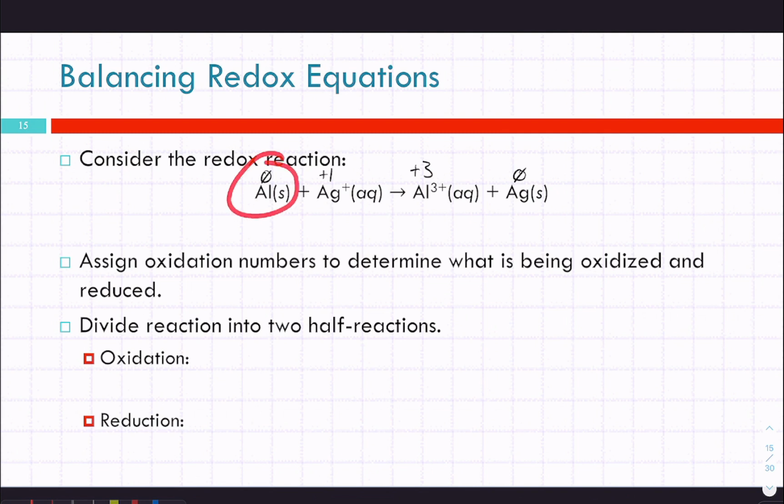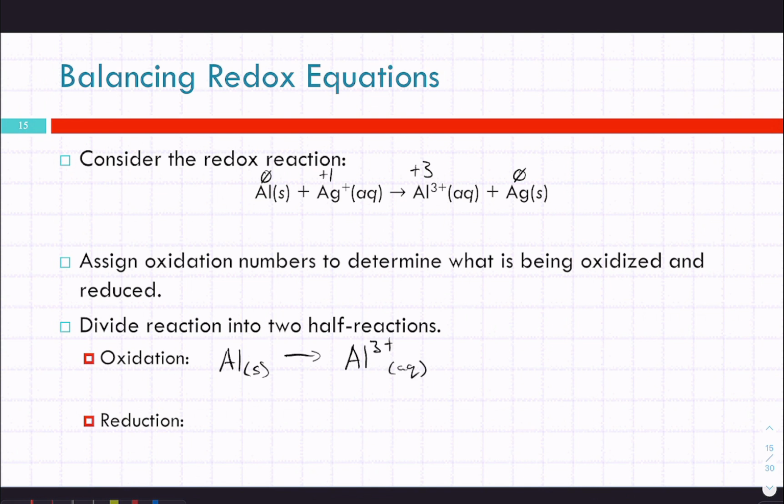So aluminum going from 0 to +3, that's being oxidized. So that half reaction would be aluminum solid as our reactant, and then our product there would be aluminum 3 plus.